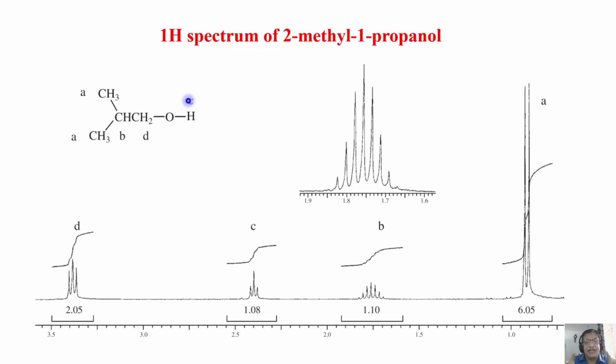Not that it is not there, it is there, but you have to take special precautions in the experiment so that you can see the splitting pattern. But if you look at this spectrum, there is no broad peak you can see here. So OH, if it was there, you would have seen as a broad peak like this generally.